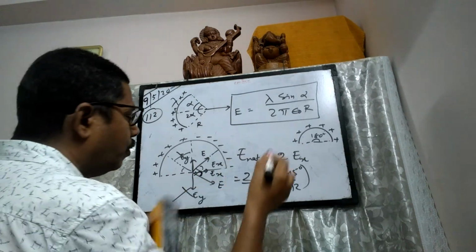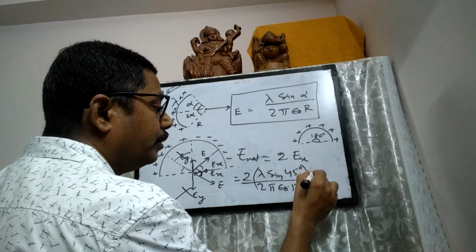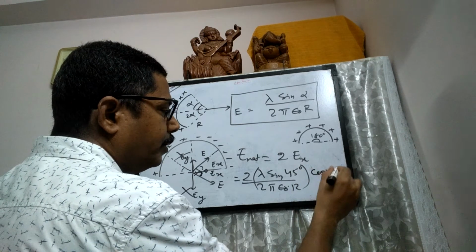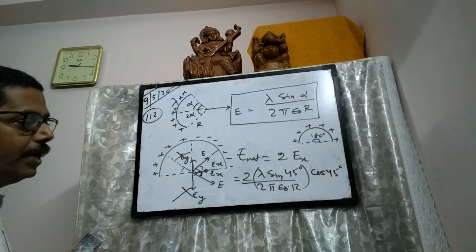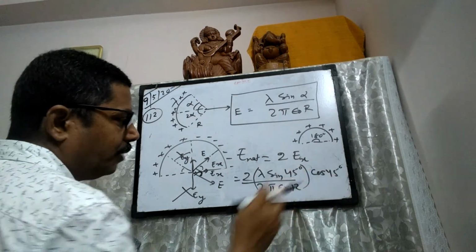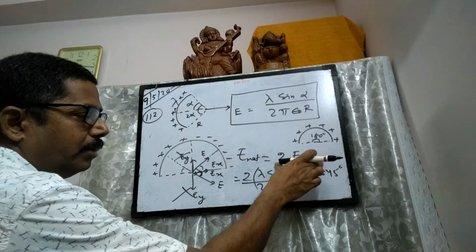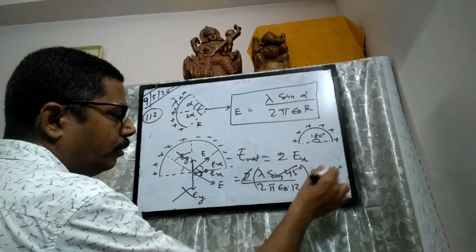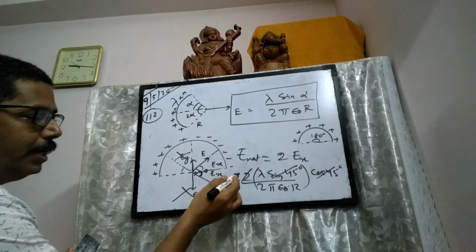Okay, so one more cos 45 term. Now you calculate: sin 45 is 1 by root 2. This cos 45 is also 1 by root 2. The product of that will become 1 by 2, and this will cancel with this numerator 2.